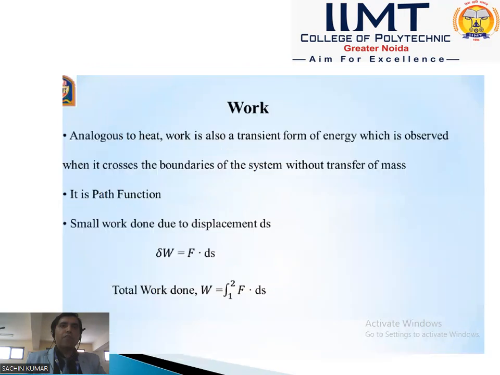We can find the work done as W equals F delta S, or the integration of P dV. For all processes, isobaric P delta V, isochoric, isothermal, we can find the work done.